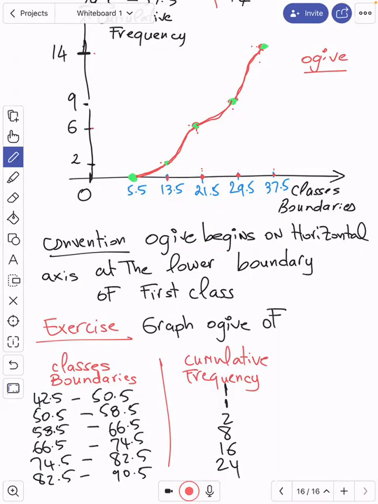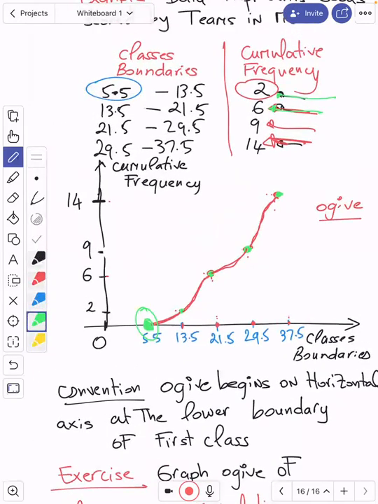No, so you always start the cumulative frequency. We do not connect the 2 to the 5.5. That's a convention. Your starting point, you see right here, is always at the lower boundary of the first class, which is 5.5, right?